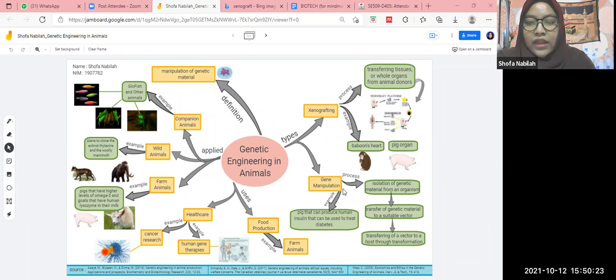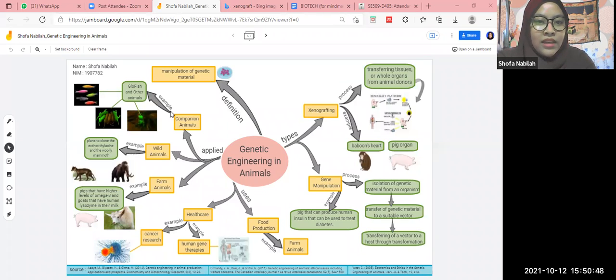An example of gene manipulation is a pig that can produce human insulin that can be used to treat diabetes. There are many examples that we'll explain in applied genetic engineering in animals.